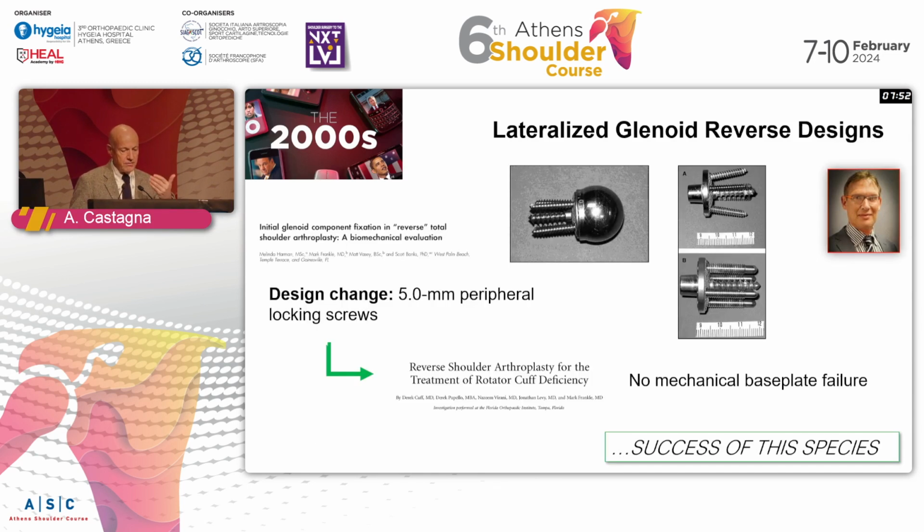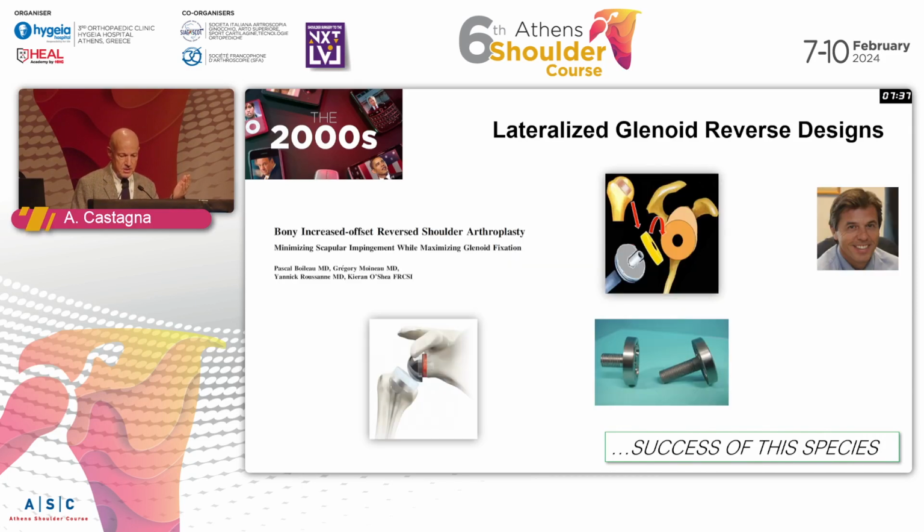However, in the evolution, the design changed a little bit with 4.5 millimeter peripheral locking screws, and this was leading to a stronger fixation of the lateralized glenoid component and leading to the success of this species.